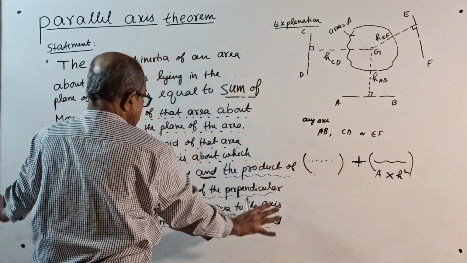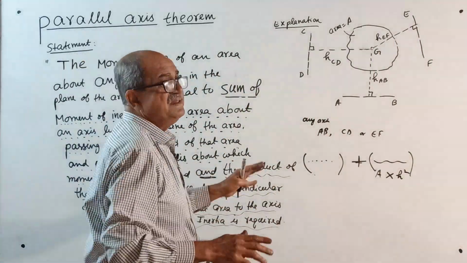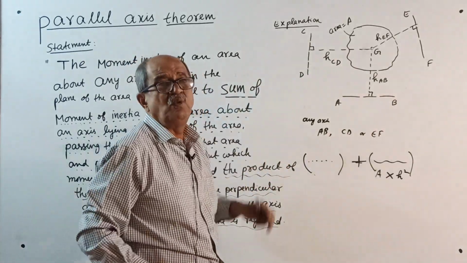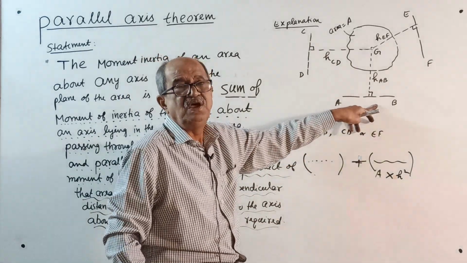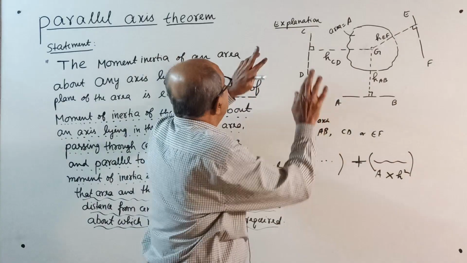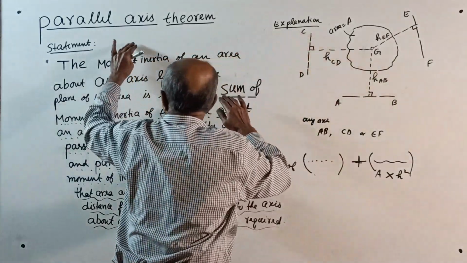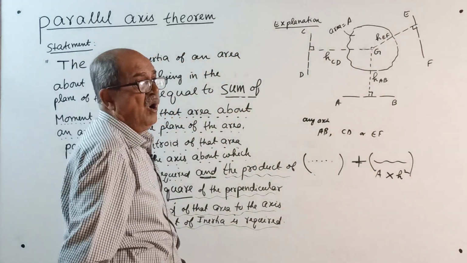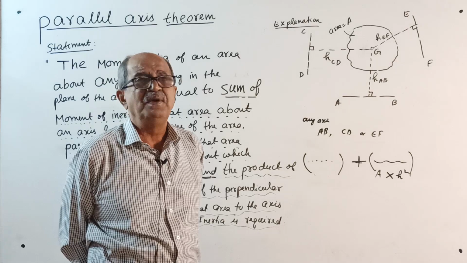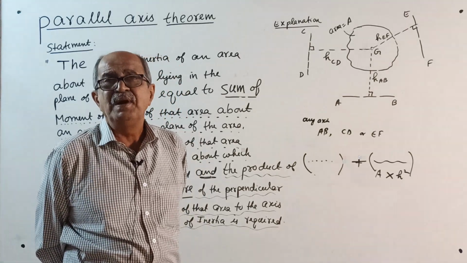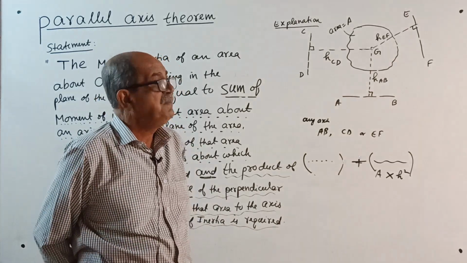This is the statement. Now I will explain thoroughly all three, only for understanding. But for the proof, we will take one of the axes. You go through this again and again, or a little later, one exclusive class will be there for application of moment of inertia using the parallel axis theorem.